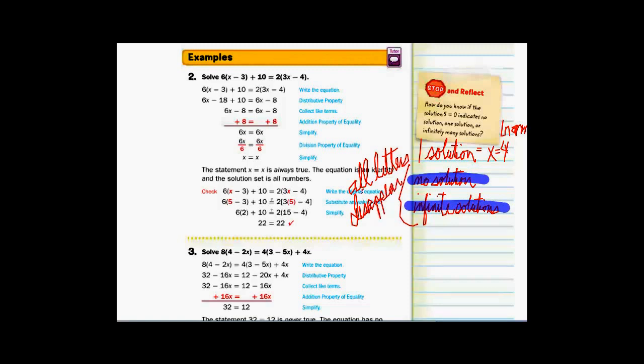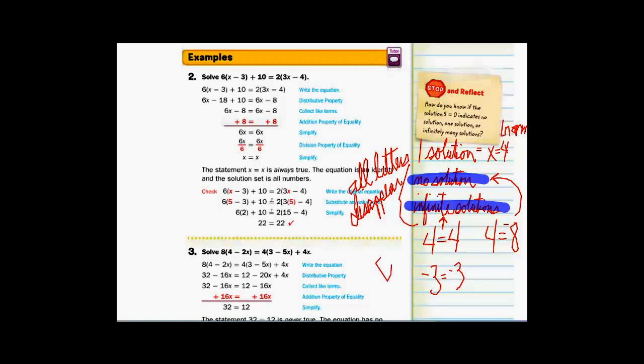And you will be left with either something that looks like this, 4 equals 4, which would be this one, infinite solution or all real numbers, or you're going to be left with something that is false, like 4 equals negative 8, which would be a no solution. All right? So if all the letters disappear and you end up with something that looks like this, that is true.